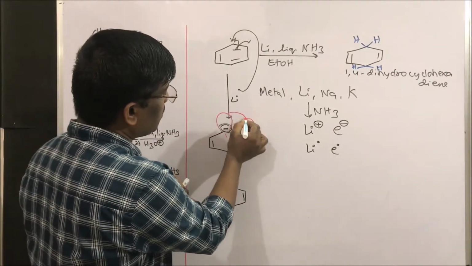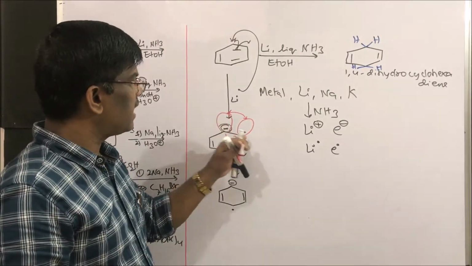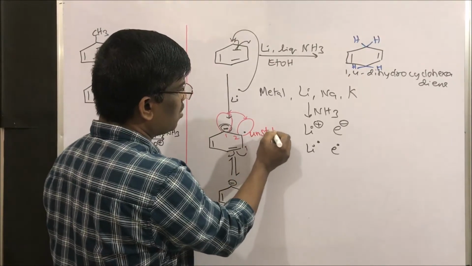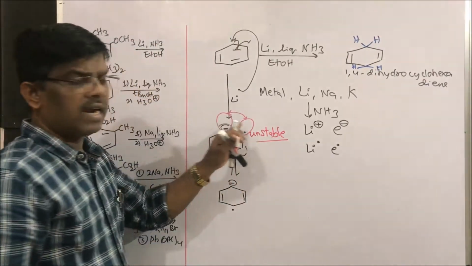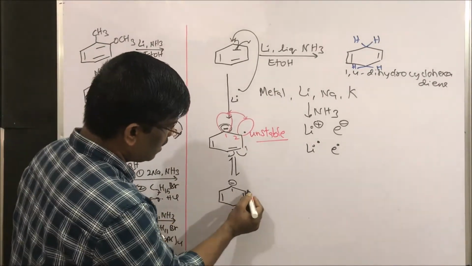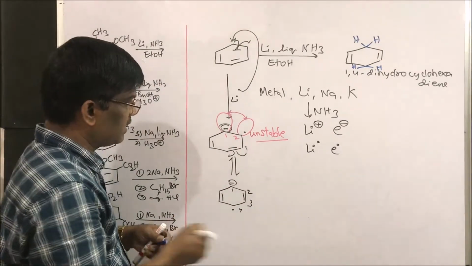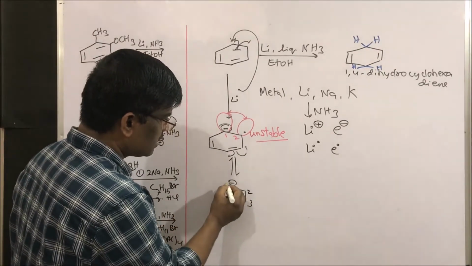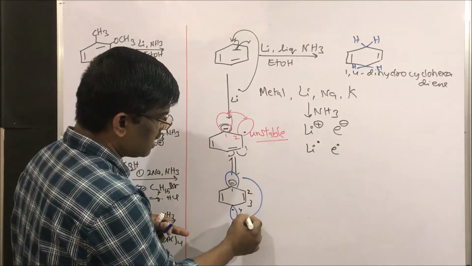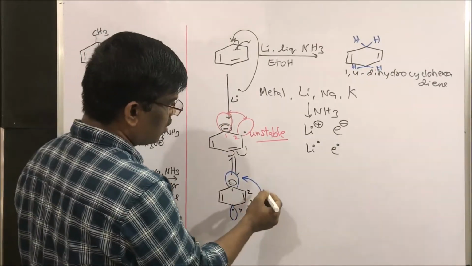Because of repulsion between these two, the radicals at the 1,2 position are unstable. Whereas at the 1,4 position, this is 1, 2, 3, 4, this is anion and this is radical, so there is no repulsion.